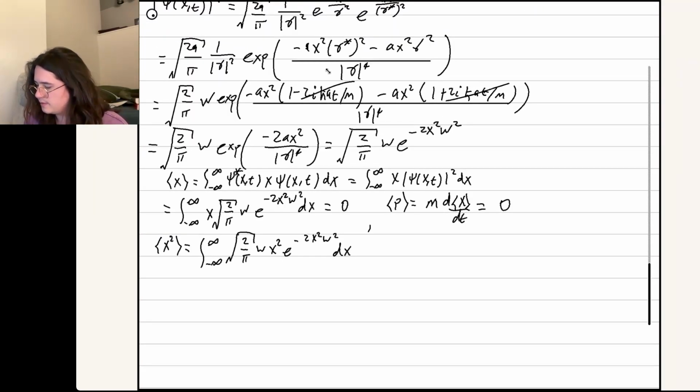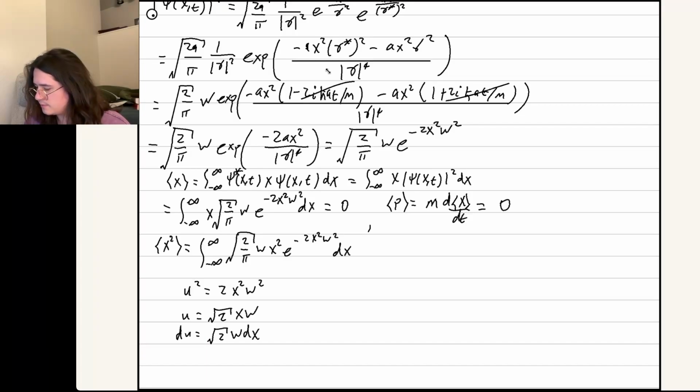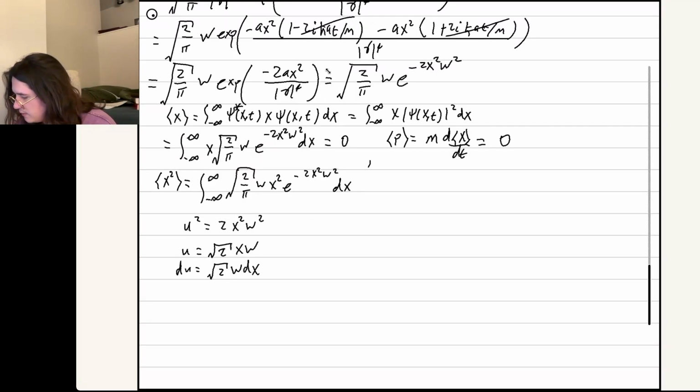So I'm going to say that u squared equals 2x squared w squared, and so u is just square root 2 x w. So du is just root 2 w dx. Let's just put those in there.